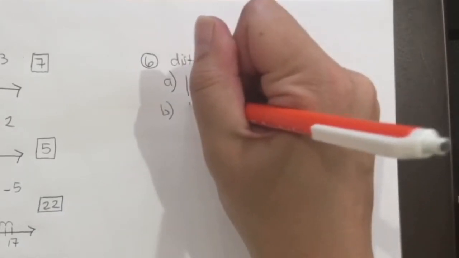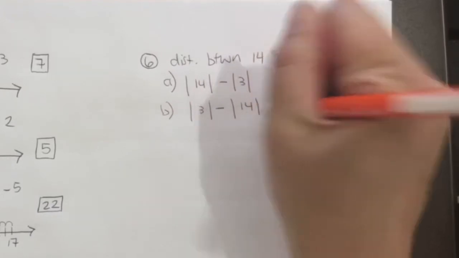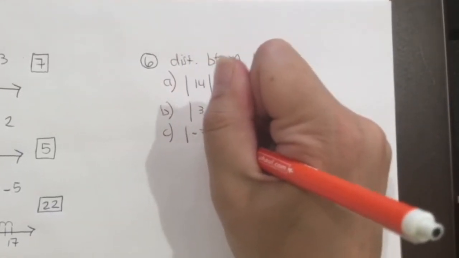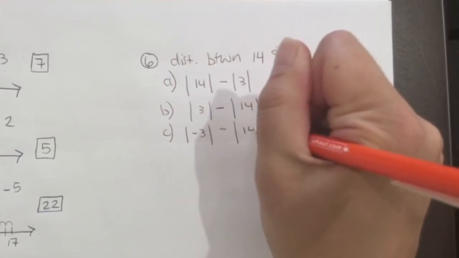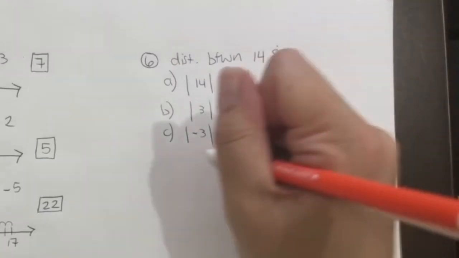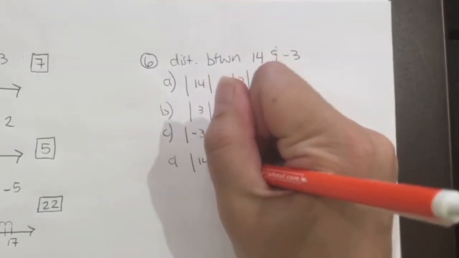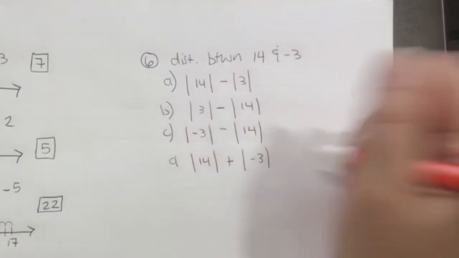B, the absolute value of 3 minus the absolute value of 14. C, the absolute value of -3 minus the absolute value of 14. Or D, the absolute value of 14 plus the absolute value of -3.